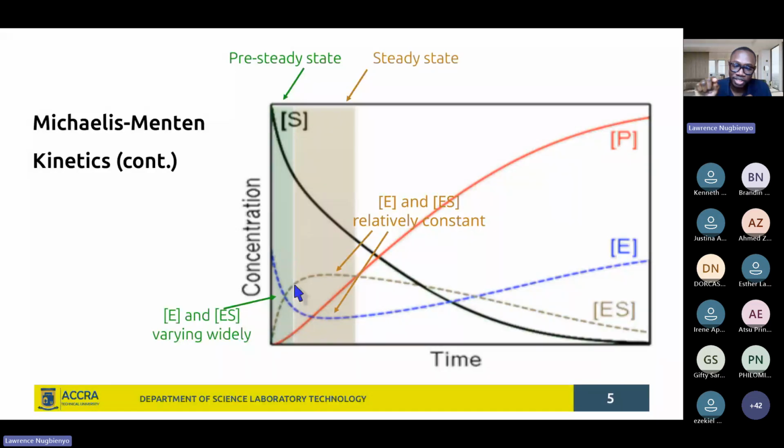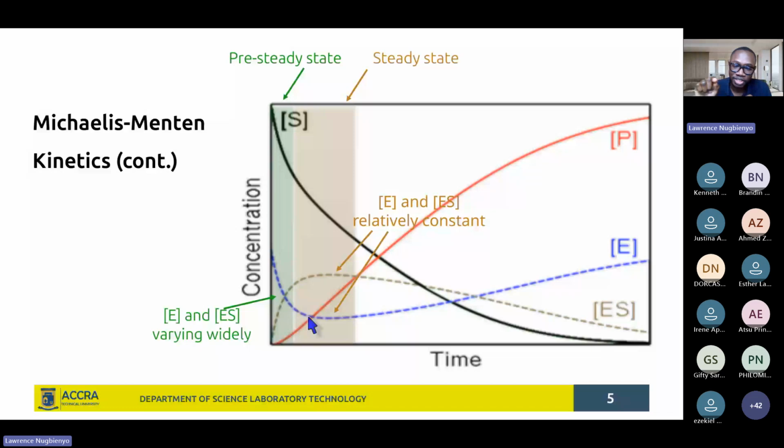So if you take a look at this blue curve for the enzyme and the brown curve for the enzyme substrate complex, you realize that in this brown region, these two curves are relatively steady. They are relatively constant, looking almost like a straight line there.